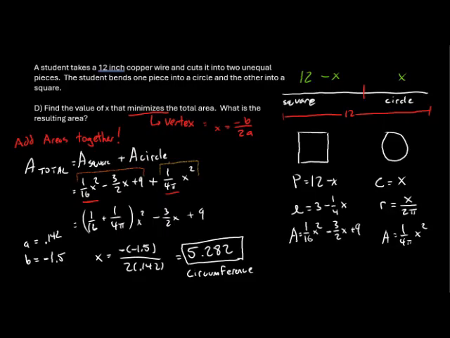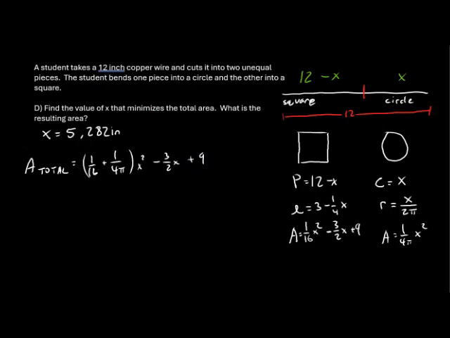With this in mind, we can now find the total area. Using the x we found previously and our total area equation, we now replace all of our x's with that 5.282. Therefore, our area will be 1 over 16 plus 1 over 4 pi times 5.282 squared minus 3/2 times 5.282 plus 9.